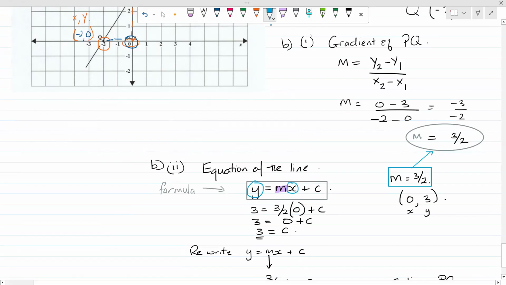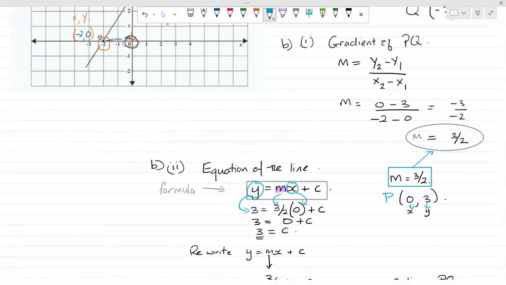And then x and y are taken from any point on the line. We use any point P. So for my x value, I'm going to use 0. And for my y value, I'm going to use 3. So this is 3. This is the 3 over 2, the m. And x will be 0. Anything multiplied by 0 will give me 0.